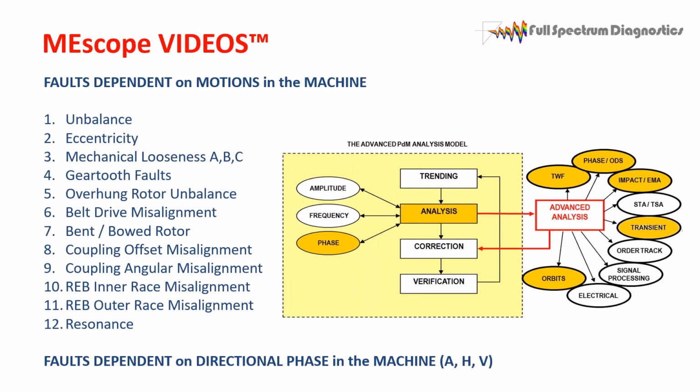You try to get more information. So first we have this trending block, which is we take our machine, we take our data while it's running, we do our analysis if it's in alarm. My tools now, and this is because we have people from all different levels come into some of our classes. You have a high amplitude.